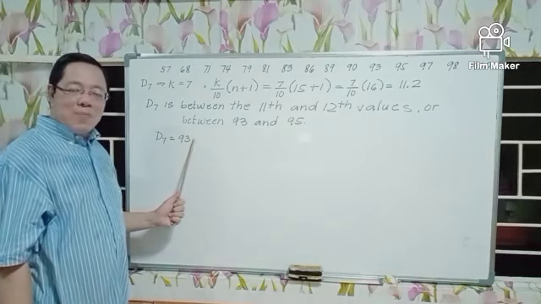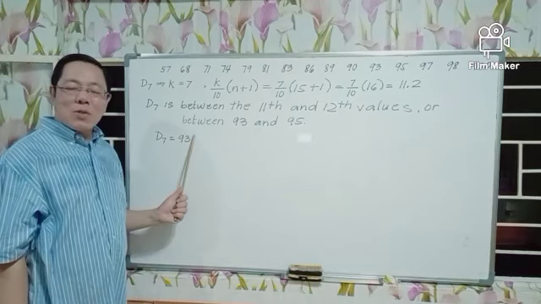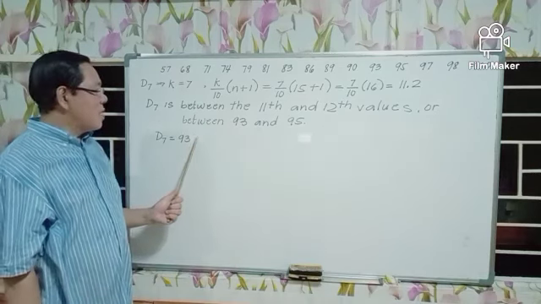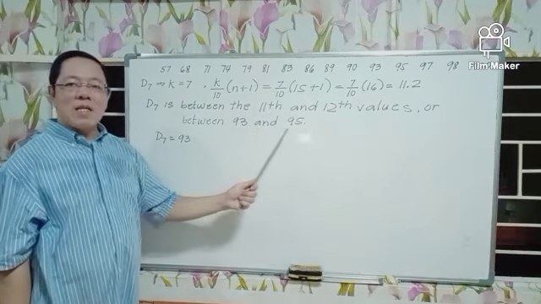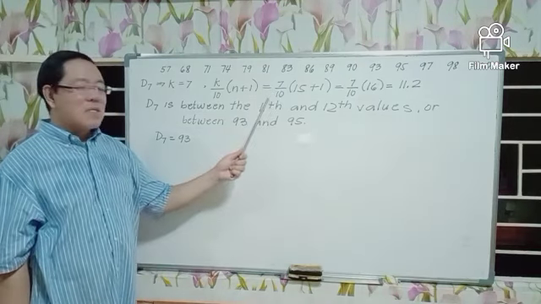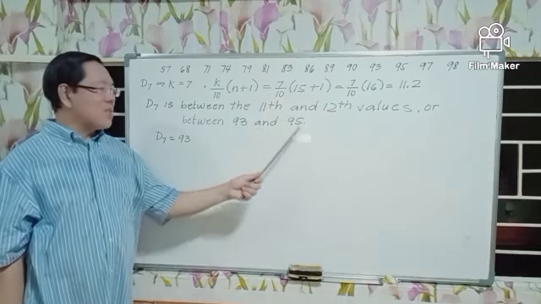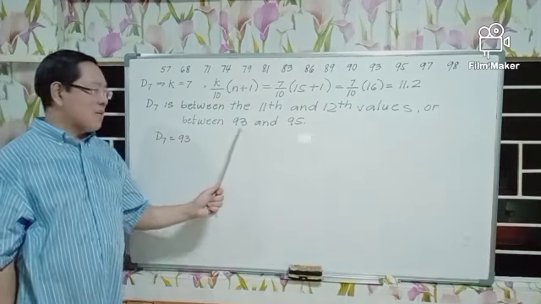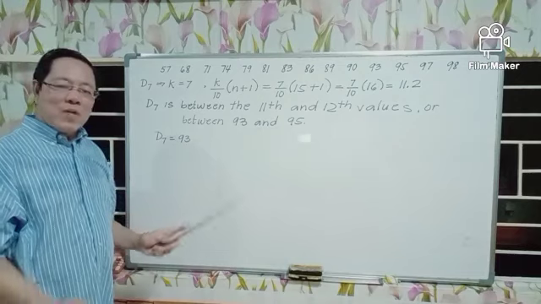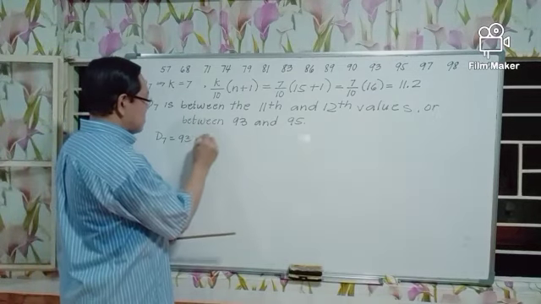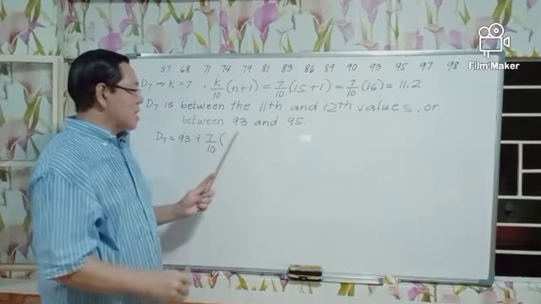So we should add some numerical value to 93, and that numerical value is 7/10 of the distance between 93 and 95.